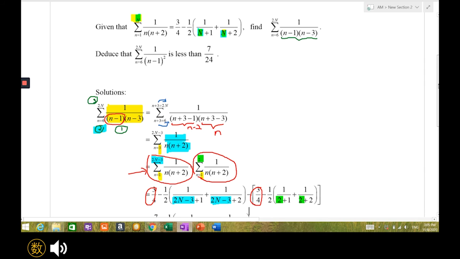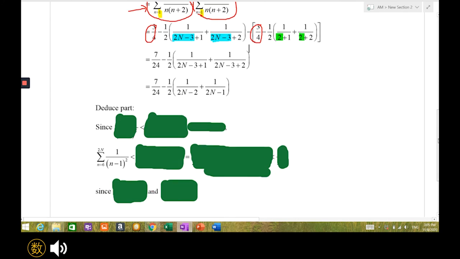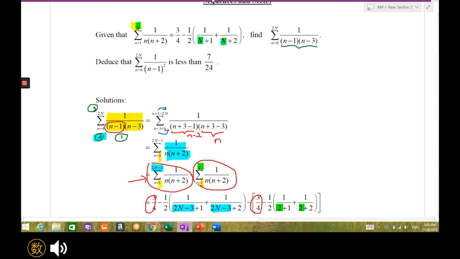The second part of the question involves deducing, and this is somewhat the same but different. You have the general term now as 1 over n minus 1 squared. So how do you link this 1 over n minus 1 squared to 1 over n minus 1 times n minus 3? It's a matter of comparison.